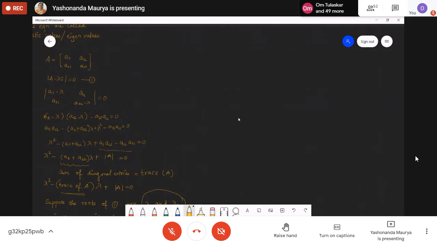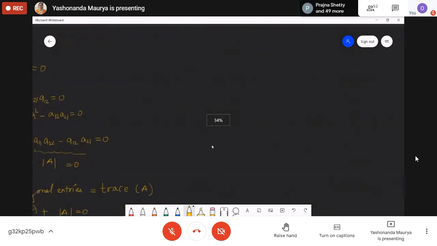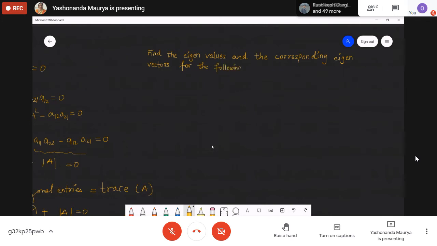The question that we are trying to solve is: find the eigenvalues and the corresponding eigenvectors for the following matrices.